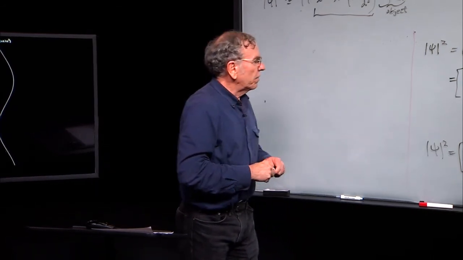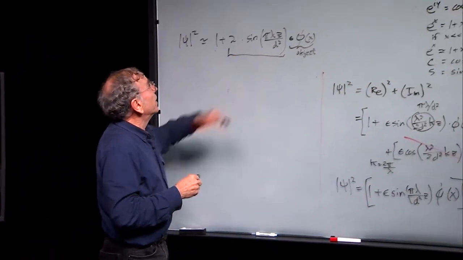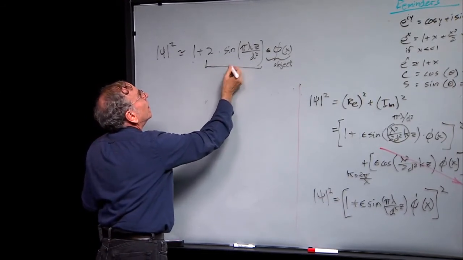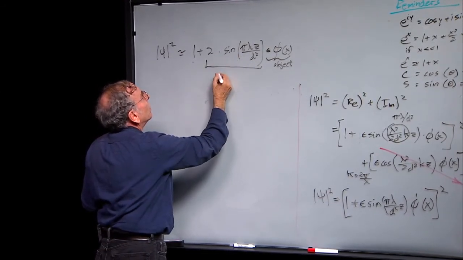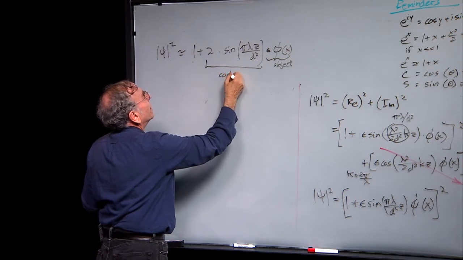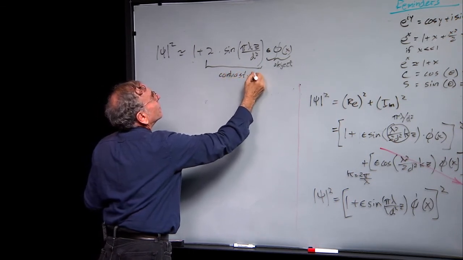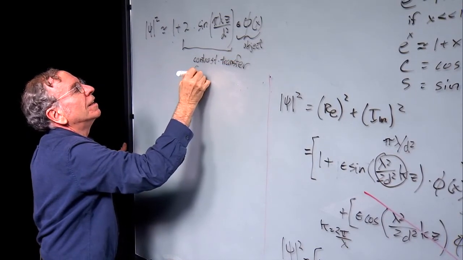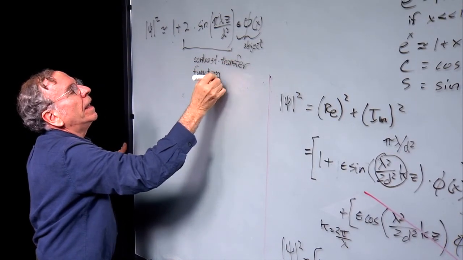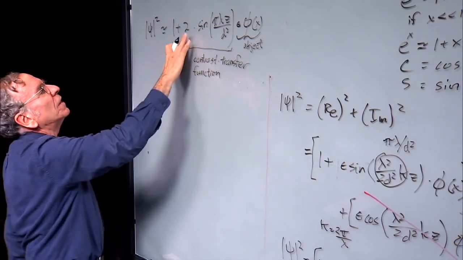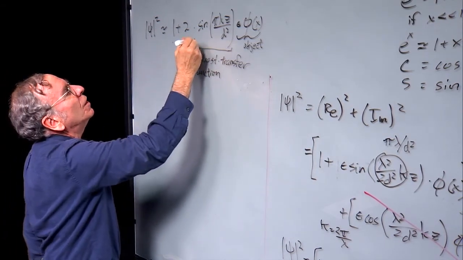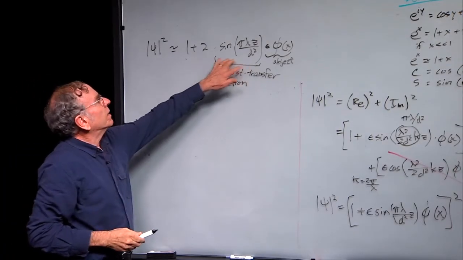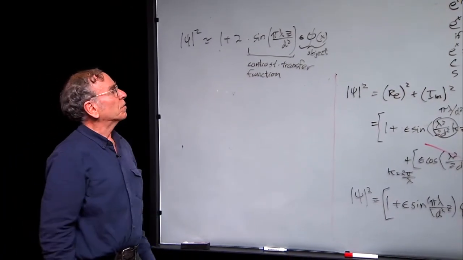And the amount of contrast we get from the interference is given by this quantity that people call the contrast transfer function. And for some reason, people leave off the factor 2, so it's just this quantity, sine pi lambda z over d squared.